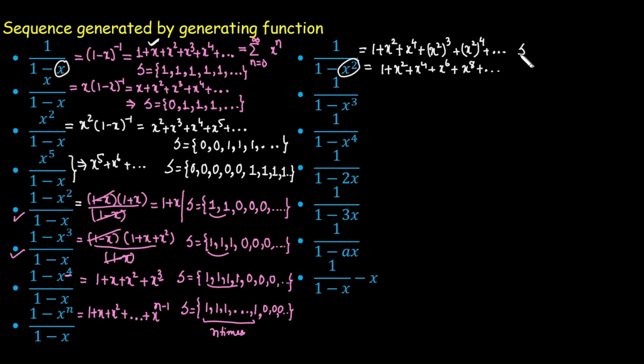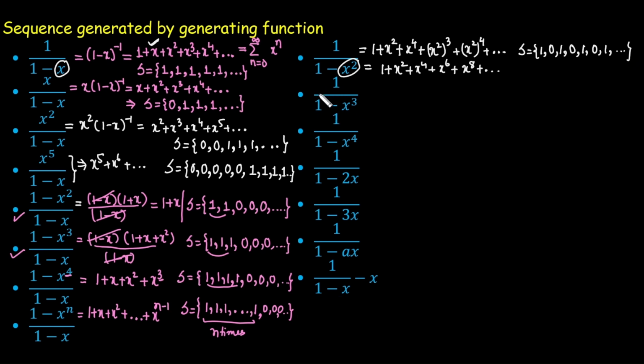As per this, the sequence is: constant term is 1, x coefficient is 0, coefficient of x square 1, coefficient of x cube 0, coefficient of x raised to power 4 is 1, x raised to power 5 coefficient is 0. So we are getting a sequence of this form.